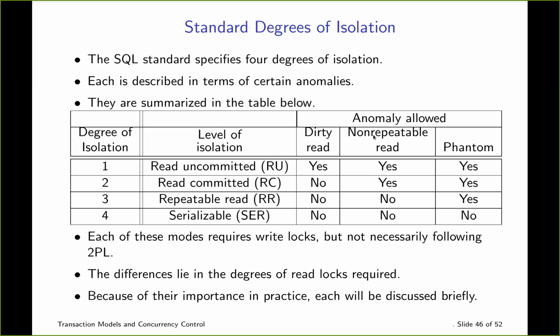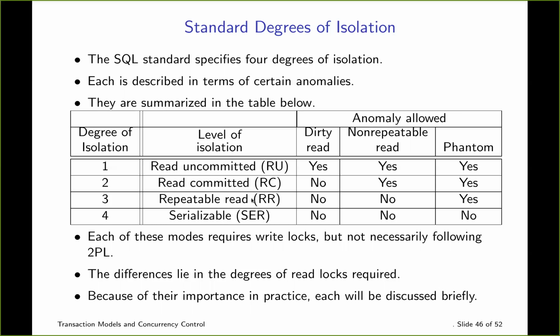So it's not as isolated as it had been before, because another transaction went and added employees, and when I read employees again, I see the new employees. That is allowed under read committed.